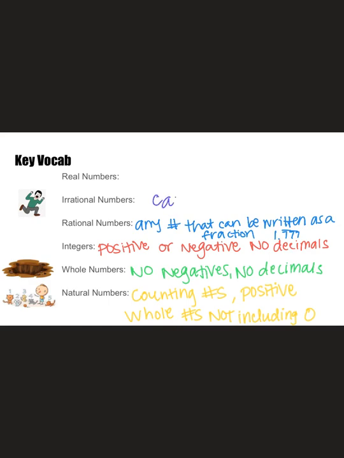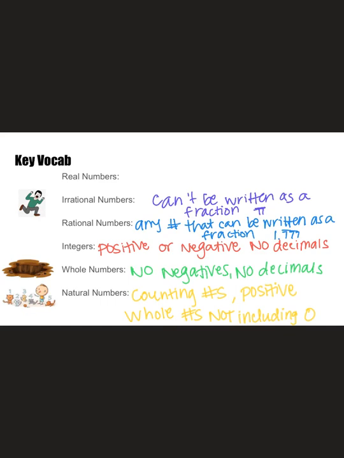So they can't be written as a fraction. So no pattern to these. The most famous one is pi, because it goes on and on and on forever and ever. We cannot predict its pattern, and that's why that little guy is over on the side there.